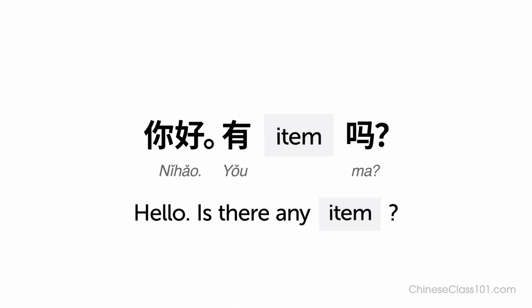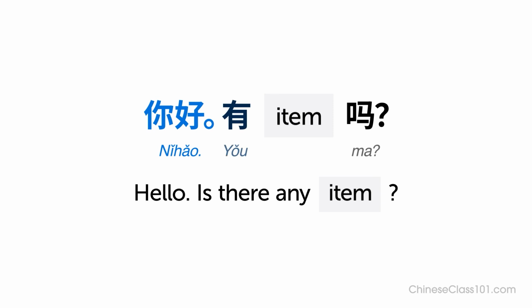The pattern is 你好，有 item 吗？ hello, is there any item? To use this pattern, simply replace item with something else you're looking for.